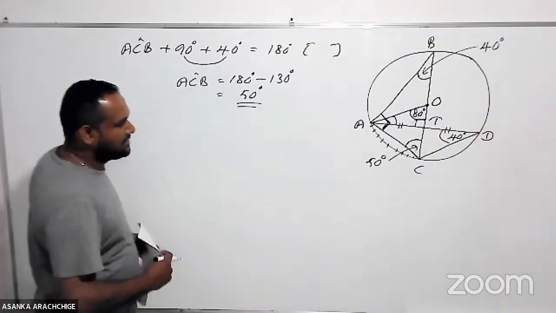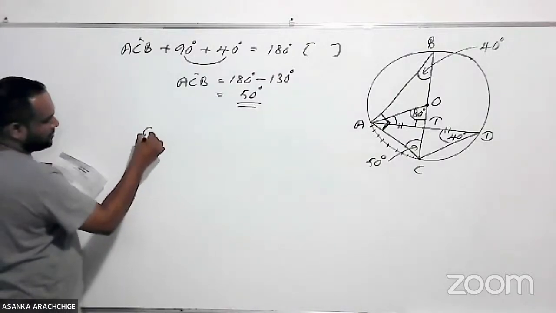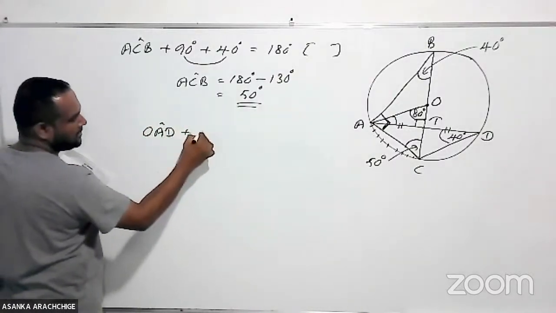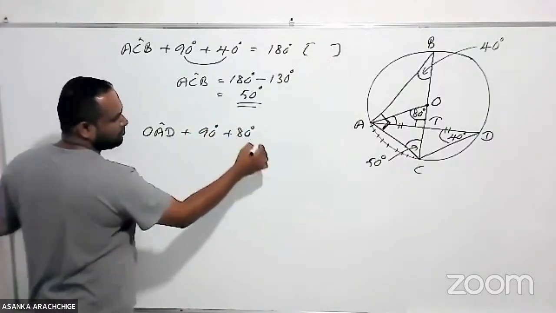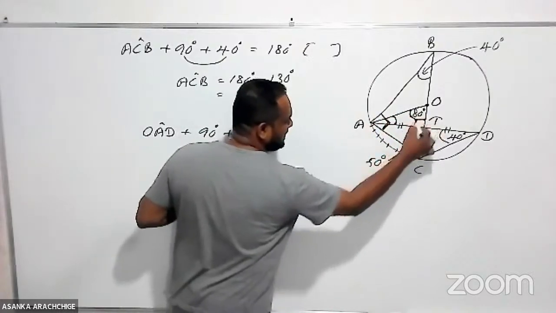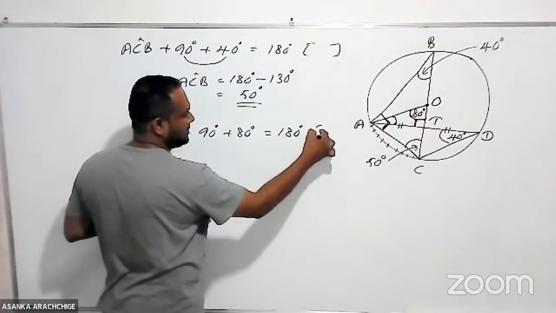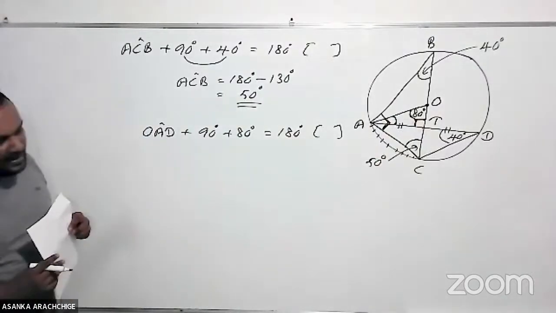Understood? Then you can say OAD plus 90 plus 80 is 180. The same reason: interior angles in a triangle.